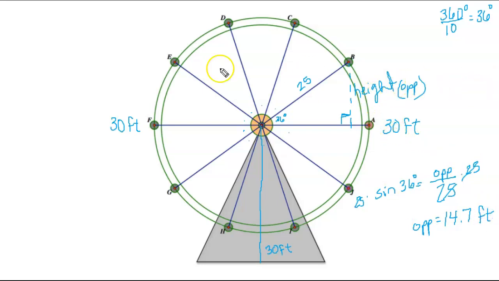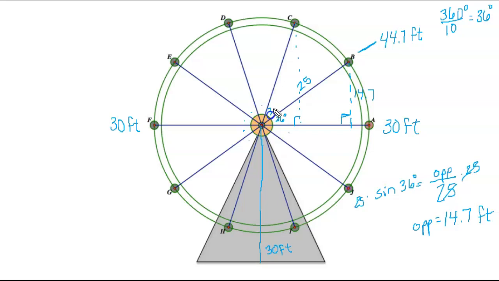So if this height is 14.7, well, I know it's got to be 14.7 above 30, so B must actually be at 44.7 feet. And so we can actually use trigonometry to help us find this triangle as well.